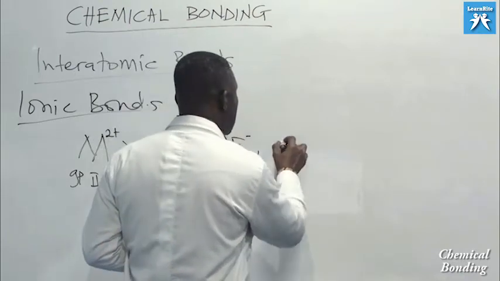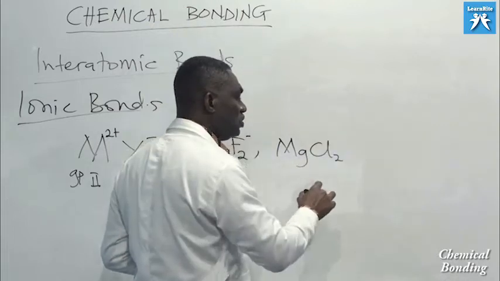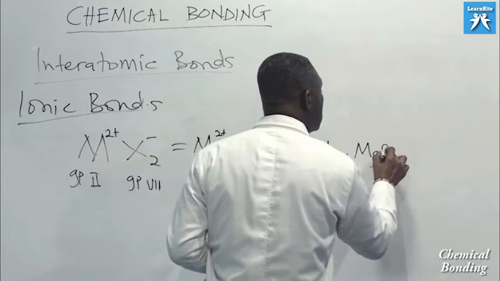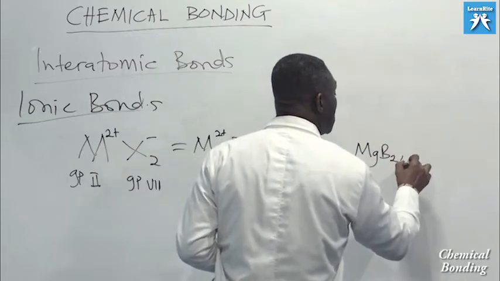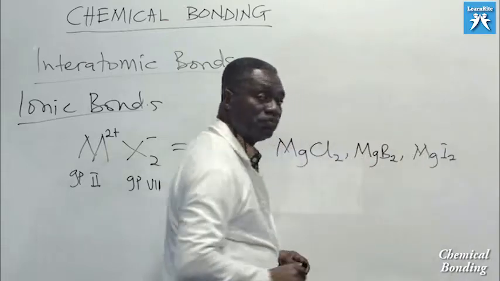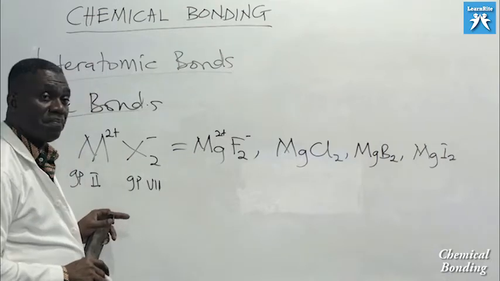If I put a comma there, I can have magnesium chloride, that also has to be 2. I can have magnesium bromide, that also has to be 2. And I can have magnesium iodide, that will have to be 2. From this formula.